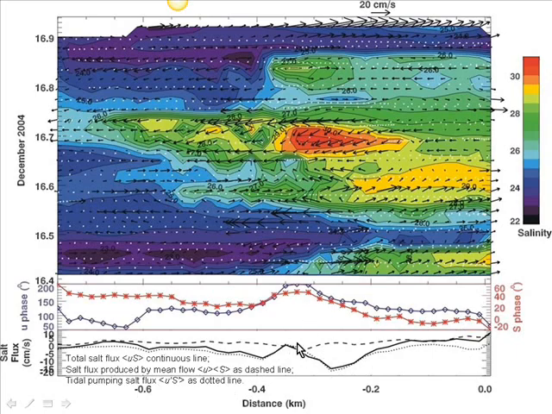So you can see that here over the sill and over this area also, the total salt flux is explained by the tidal pumping mechanism. Whereas right here, it's closer. From here to here, the total salt flux is explained by the mean flow salt flux.